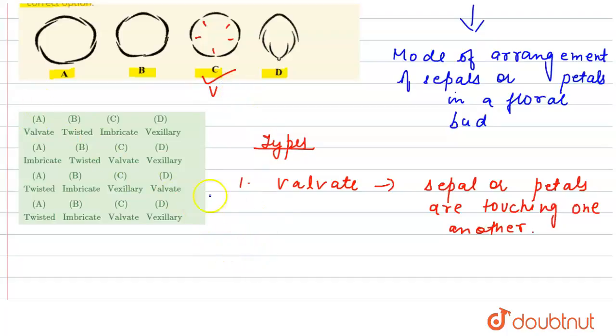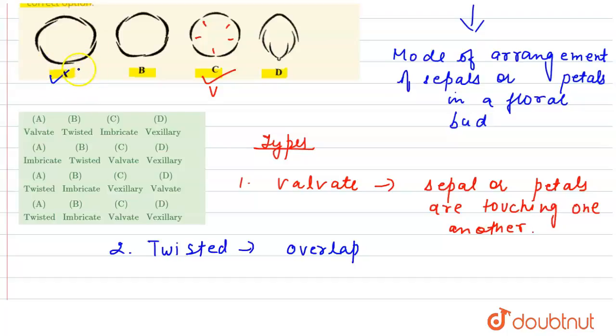Now the second type is the twisted one. In the twisted type, there is an overlap of the sepals and the petals. Overlapping is seen in option A here, where they are trying to overlap each other.